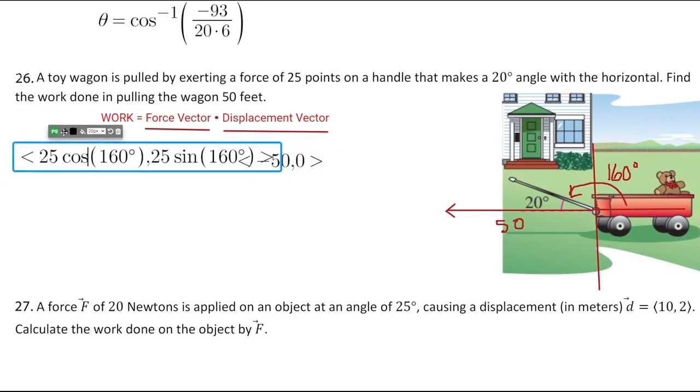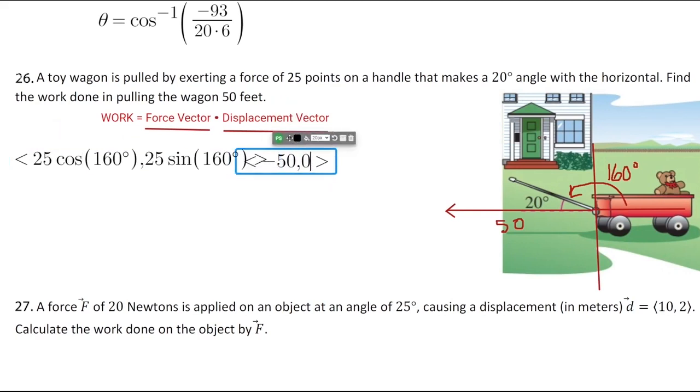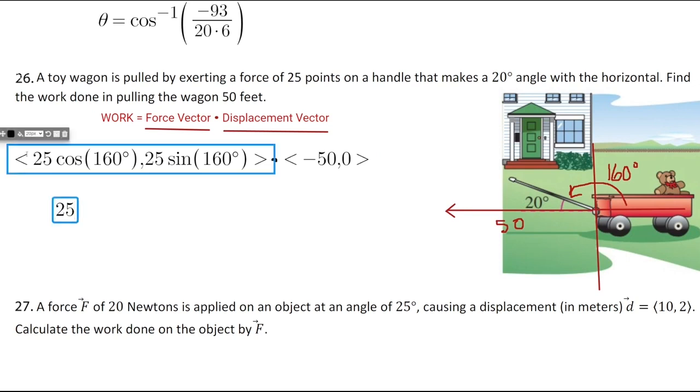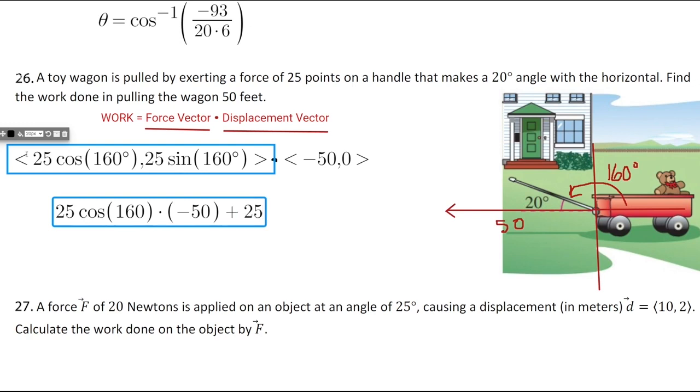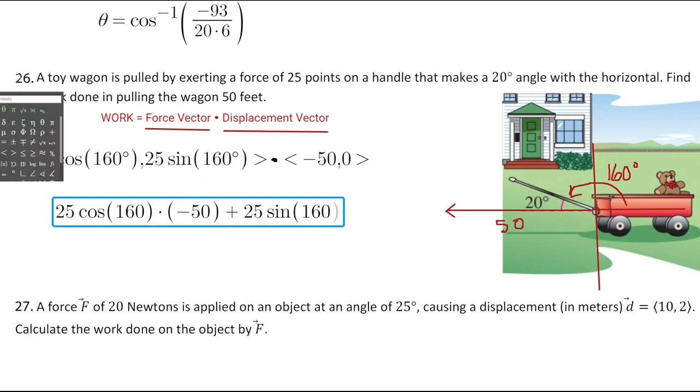So what we need to do now is just find the dot product of these two vectors. We get 25 times cosine of 160 degrees times negative 50, plus 25 times the sine of 160 degrees times 0.